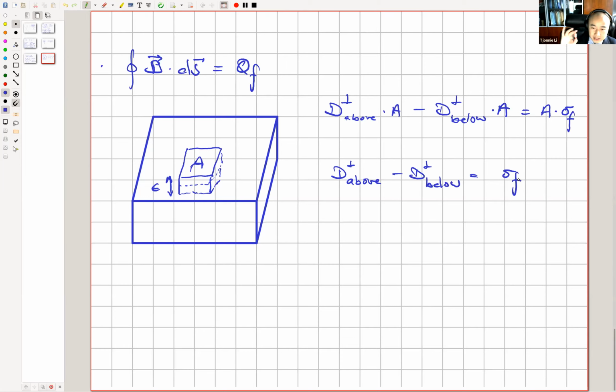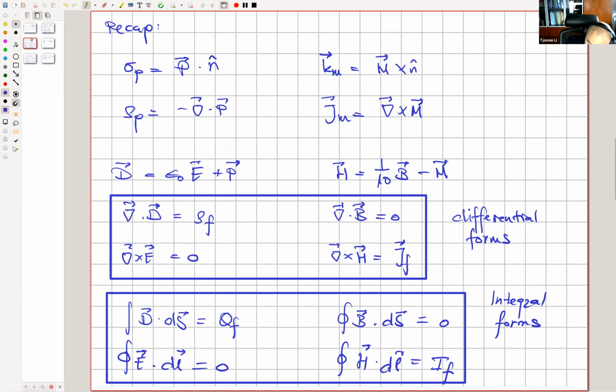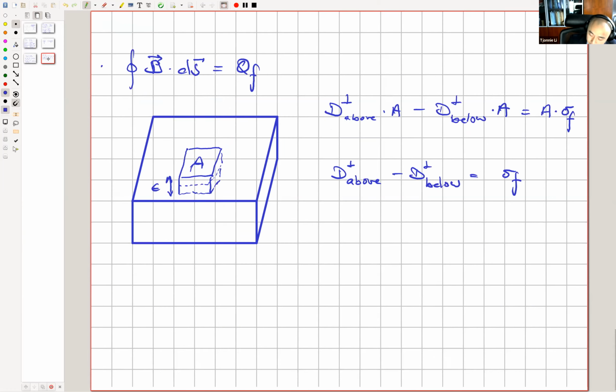Note that there's a slight difference with respect to whether you have the epsilon naught or not. But that has more or less to do with how we defined the D field, the displacement field, which I've put here. As you can see, there's the epsilon naught that accompanies the E, but not the P. So D here has an epsilon naught difference with E. Because if you think about it, everything has to tend to the same thing if P equals 0.